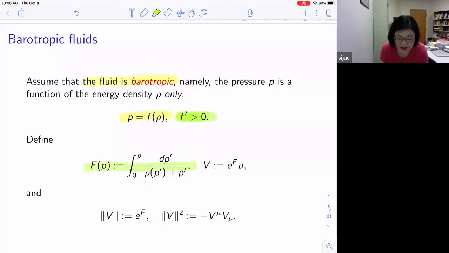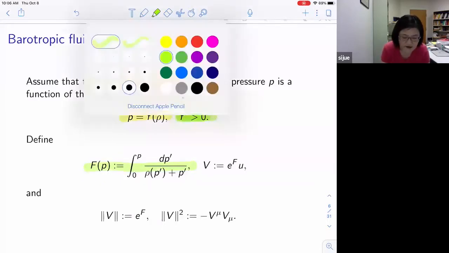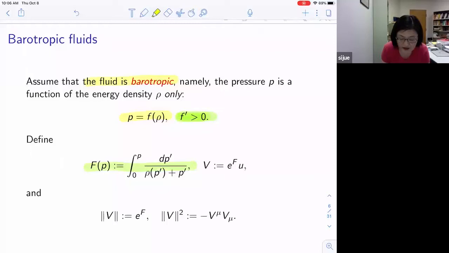And we introduce a new vector field, the fluid velocity times e to the f. Here e to the f is the length of this vector, and of course it is trivial that the length squared is given by that formula.